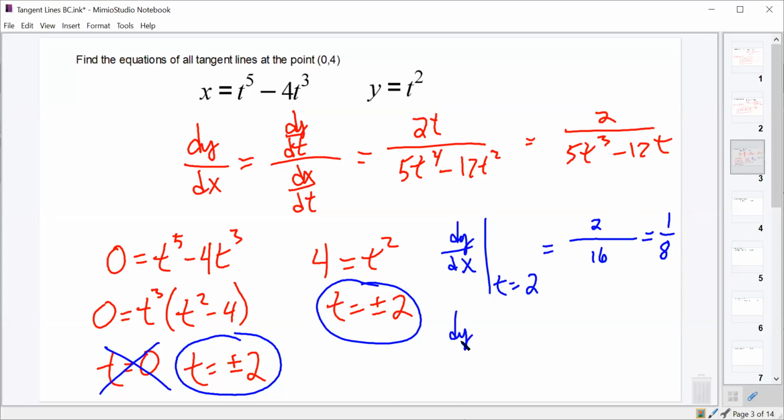And we'll also figure out what dy/dx equals when t is -2. That should be 2 over, that'll become a -40 plus a 24, right? So that's going to be -16. 2 over -16 is going to be -1/8. Everybody good on those two slopes?